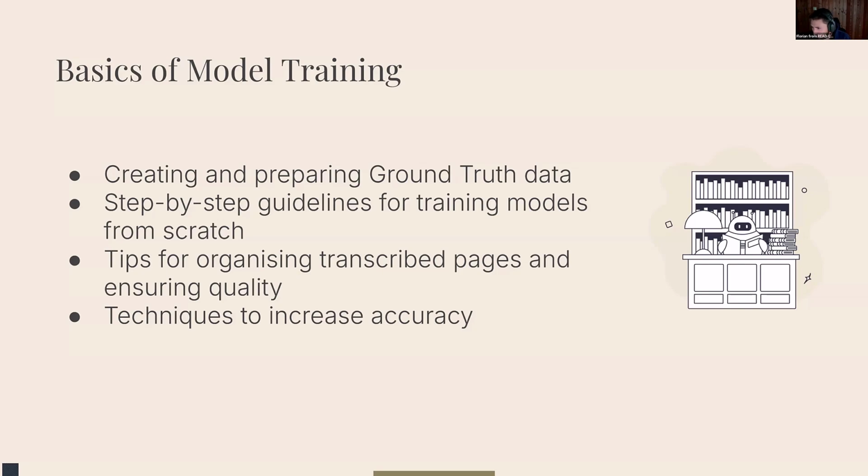There's one question about the dictionary. There's some form of dictionary. We call it a language model. There's also a setting when you run a recognition that you can switch on. That language model is basically a list of characters and words that are contained in your training material.